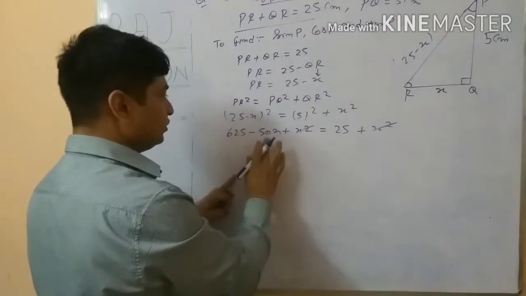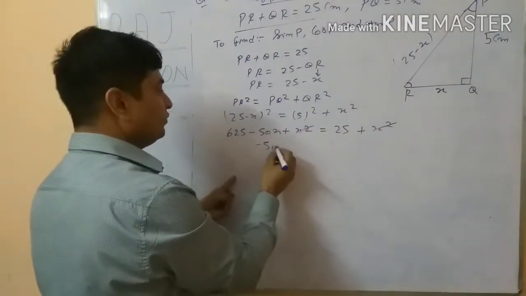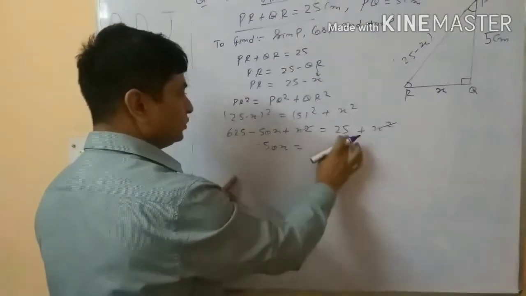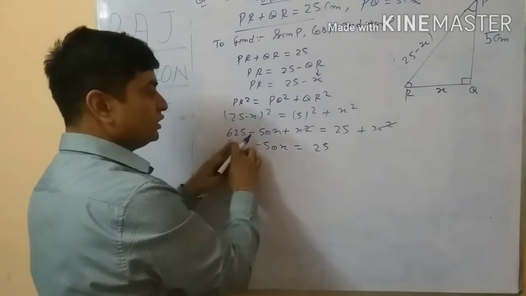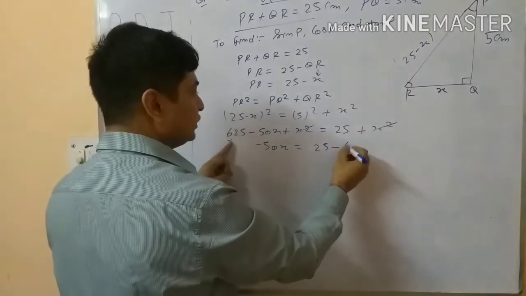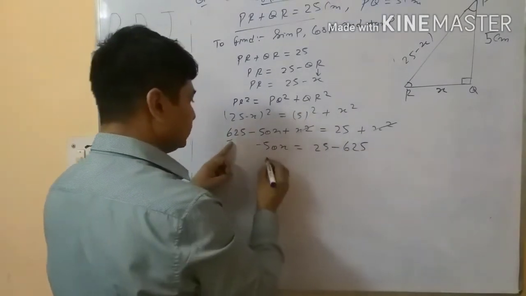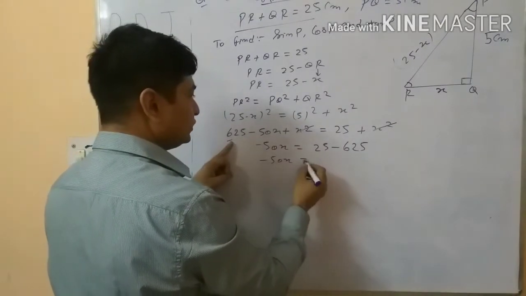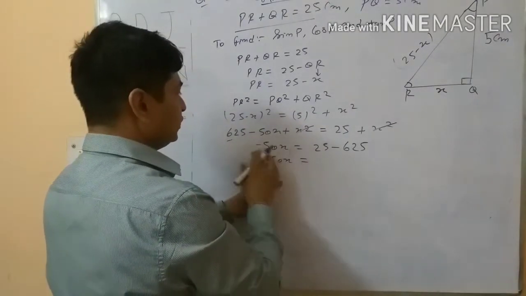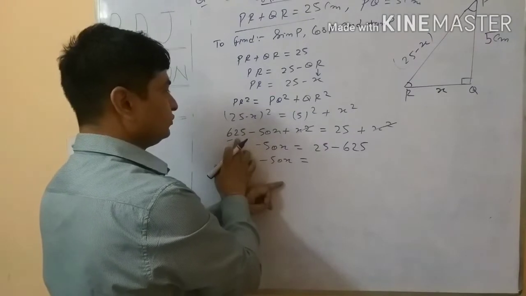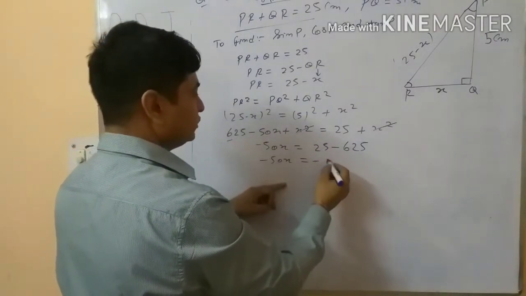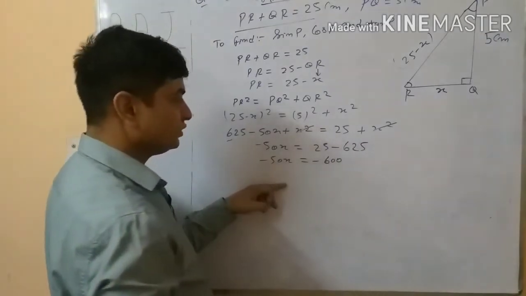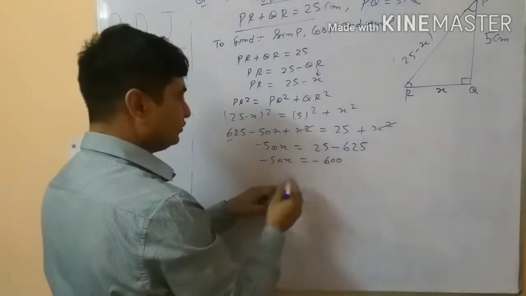So what happens here? Negative 50x equals, this is 25 and this 625 is to be transferred to the right hand side. So negative 50x equals 25 minus 625, which will become negative 600 after being subtracted.